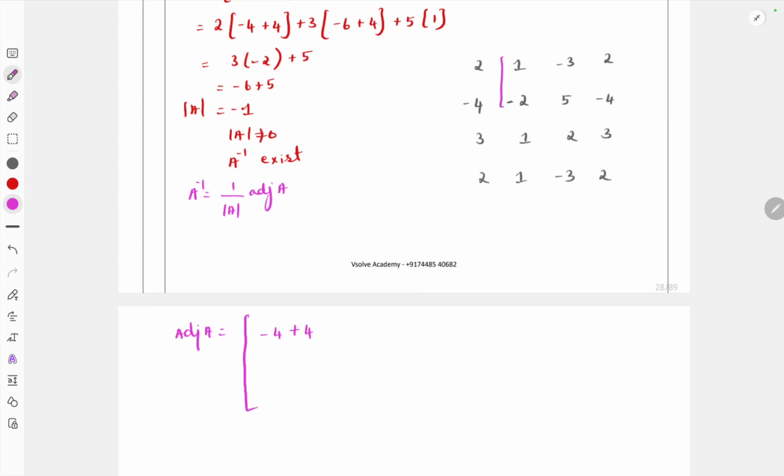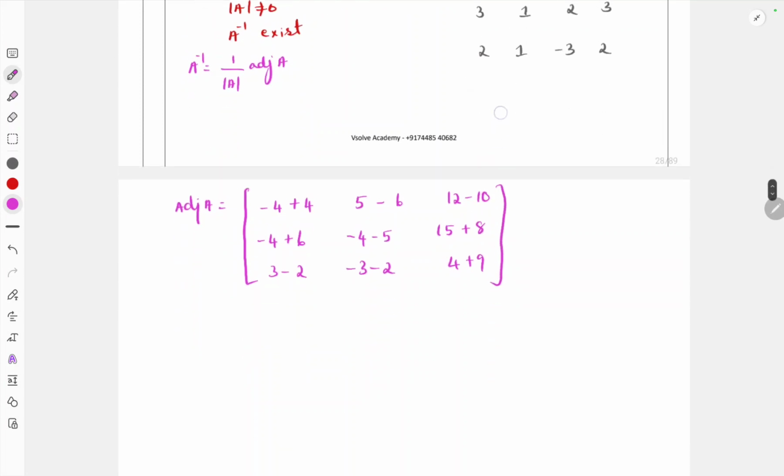Next after this, the determinant of this one, so it means 1 into 5, it will be 5, minus 2 into minus 3 is plus 6 only. Next the determinant of this, so minus 3 into minus 4, it is 12 minus 10. Next it is minus 4 plus 6. So next here minus 4 minus 5, here 15 plus 8, here 3 minus 2, minus 3 minus 2, so 4 plus 9.